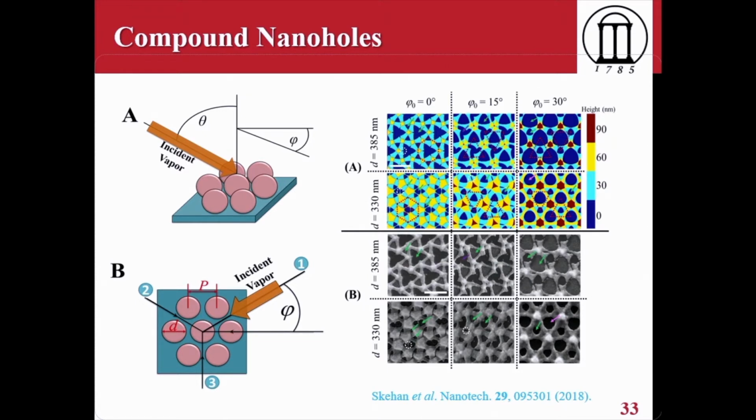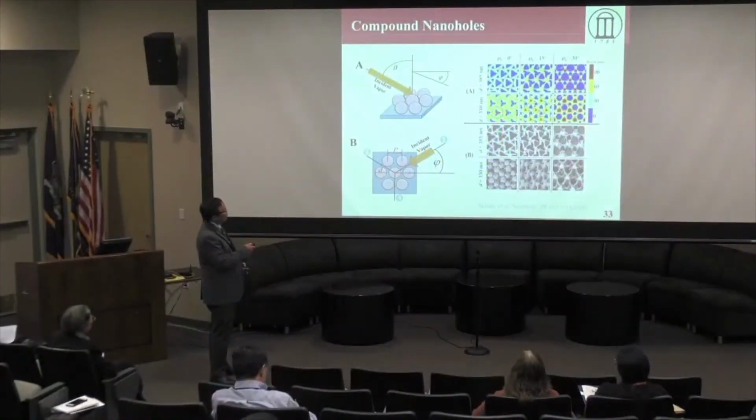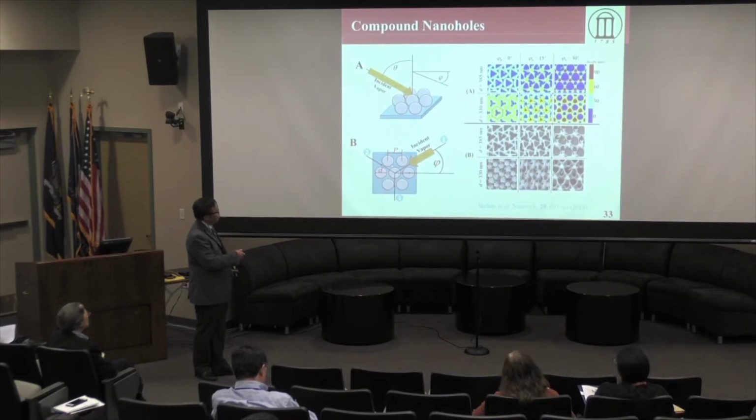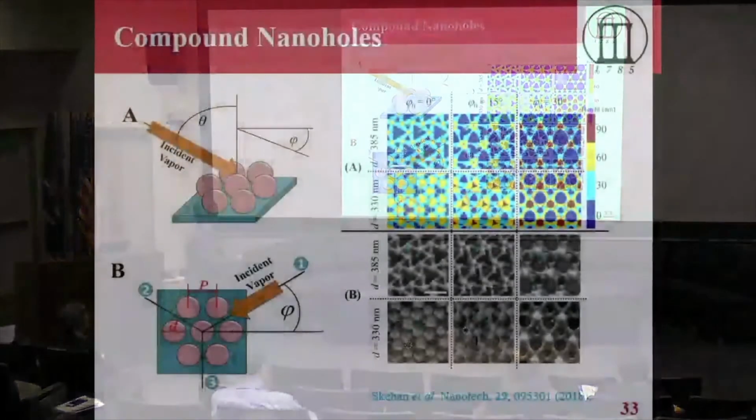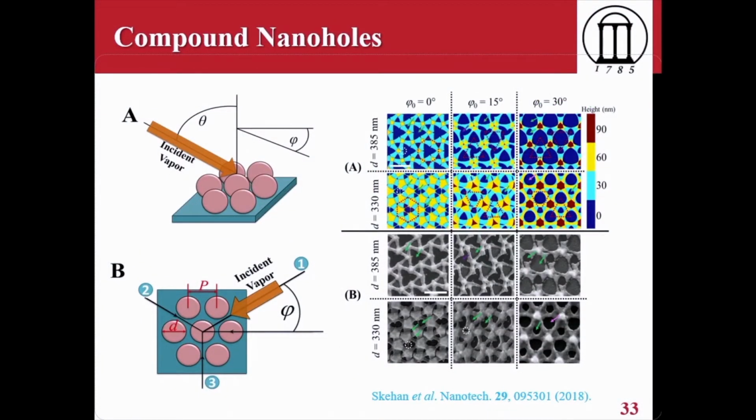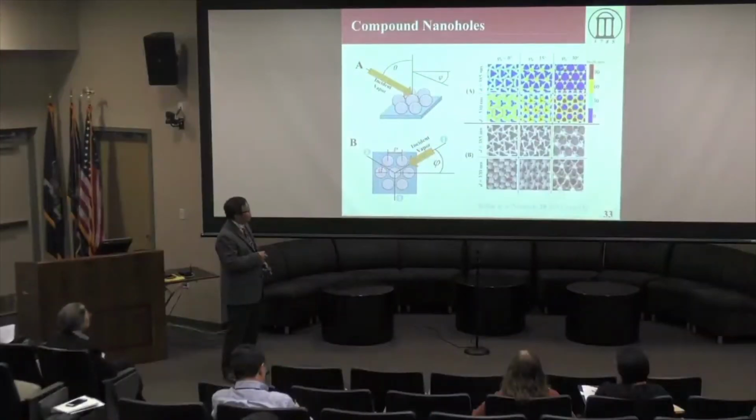So if we etch those colloids, then make gaps in between, and then deposit at different incident angles, like one in this direction, then you rotate 120 degrees to this direction, another 120 degrees to this direction, then not only do you have deposition on top of the beads, you also have deposition on the substrate. Then you can form even more complicated patterns on the substrate. Depending on the initial alignment, this phi angle, you will get different kinds of patterns.